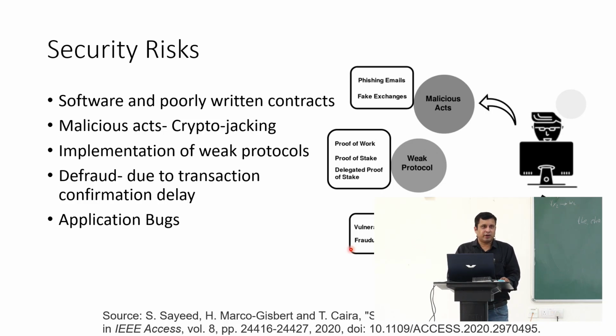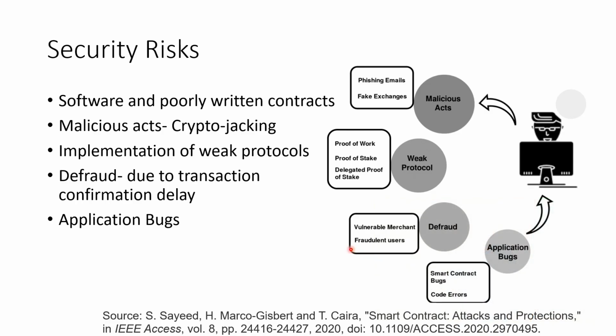But coming to security risks, there are various security risks of smart contracts which need to be taken care of before utilizing such services in any application. Any smart contract should not be a poorly written contract. Poorly written means it should not have any loophole.